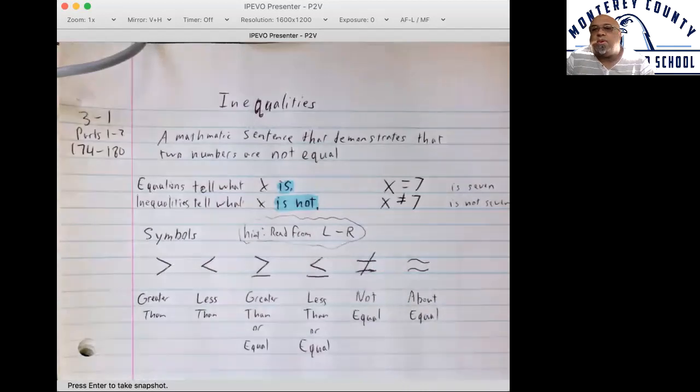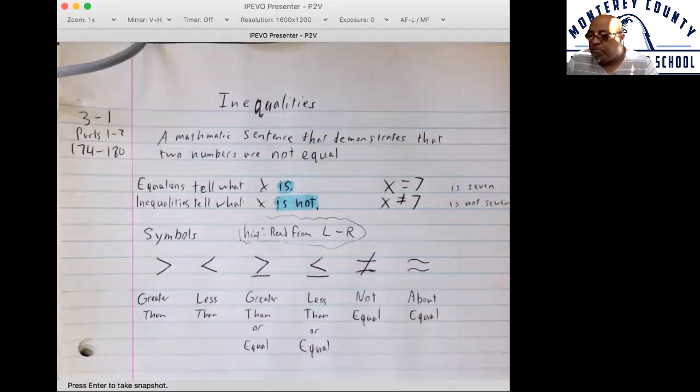Now, about equal is often used, and we actually did use it in some lessons already, where you have a number that is going to be some sort of long decimal, like, for example, an irrational number. And in a case like that, when you have an irrational number, it just makes more sense to write it as very close to it because you can't continually write every digit of the irrational number.